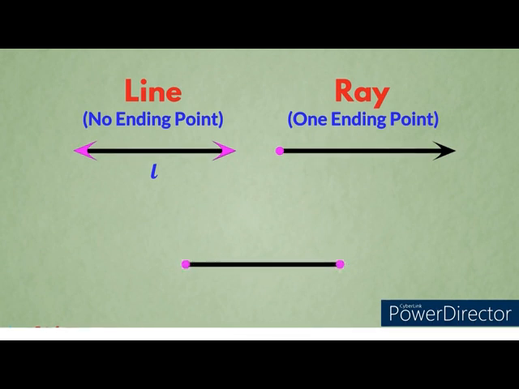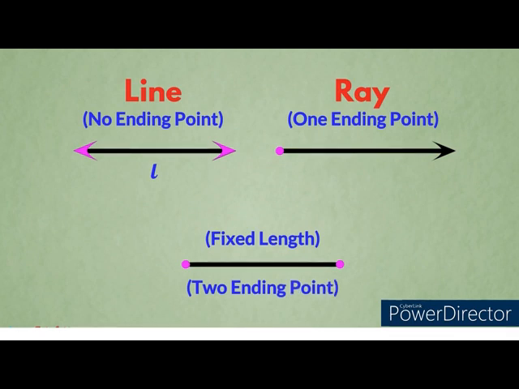If you put two dots on a line, we can say that it is restricted to those points, so it has a fixed length. We call that a line segment, which has two ending points. So what is a line segment?